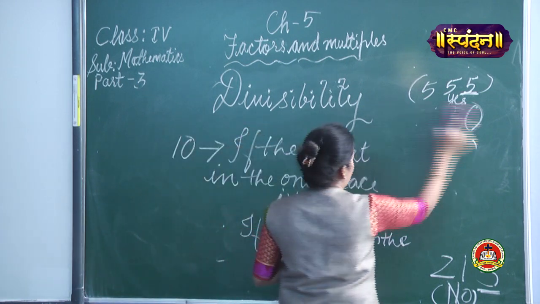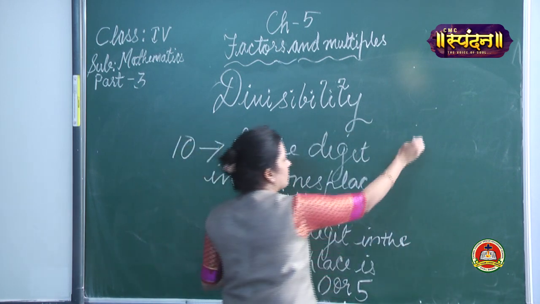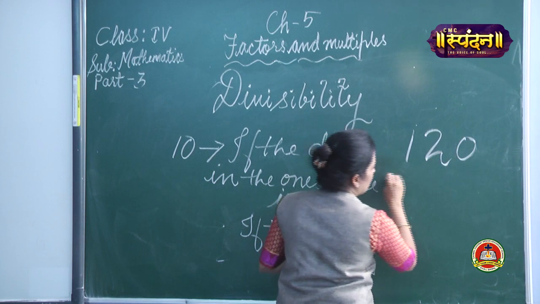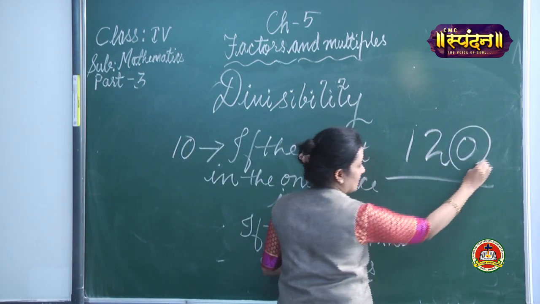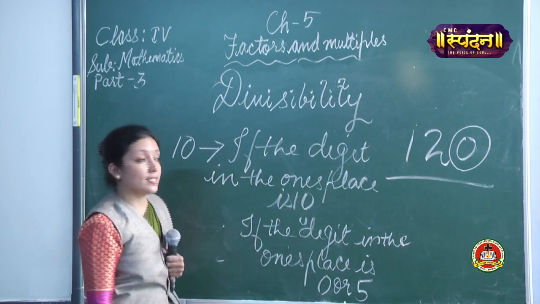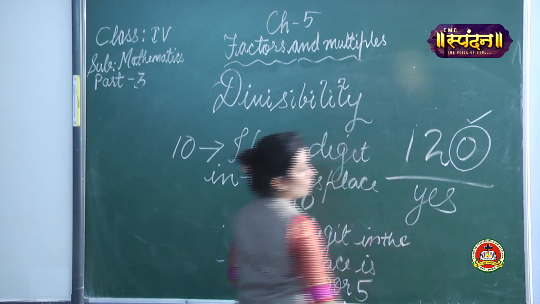Let me take an example. If I am telling you I have 120, is it divisible by 10? Yes, because it is satisfying my rule, that it should be only 0. So, yes, this will be divisible by 10.